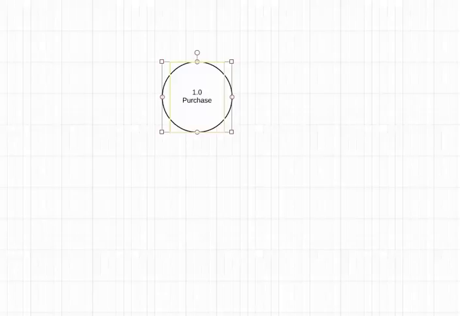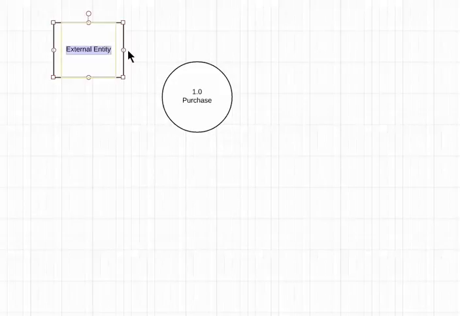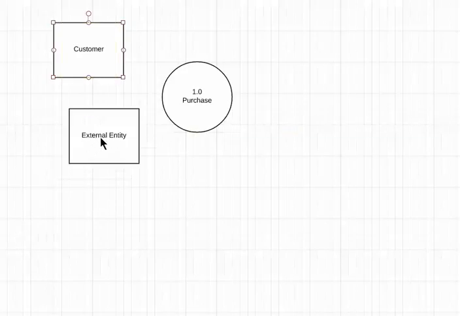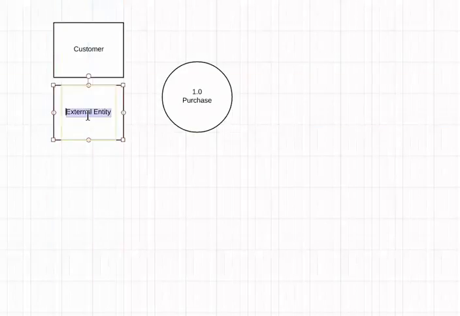Okay, and we would have to have an external entity, and this external entity would be customer. Another external entity would be the manufacturer.